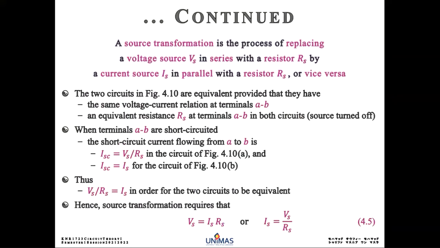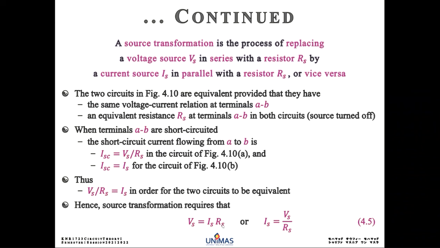A source transformation is the process of replacing a voltage source Vs in series with a resistor Rs by a current source Is in parallel with a resistor Rs, or vice versa. So basically, the summary there is that if we have a current source and want to transform it to a voltage source, that voltage source is given by multiplying the current source with the resistor, Vs = Is Rs.